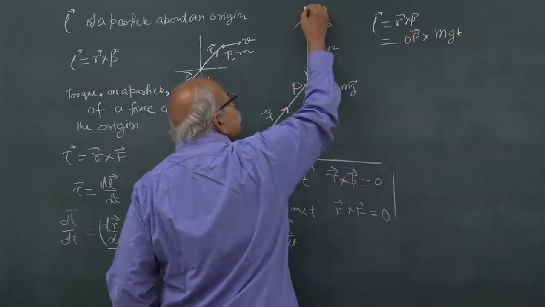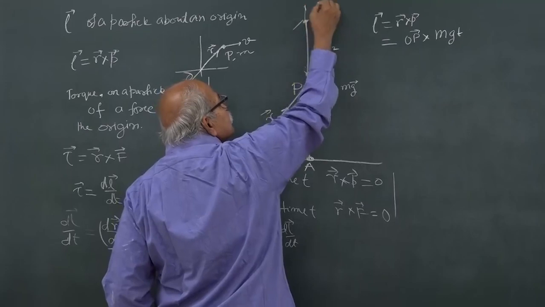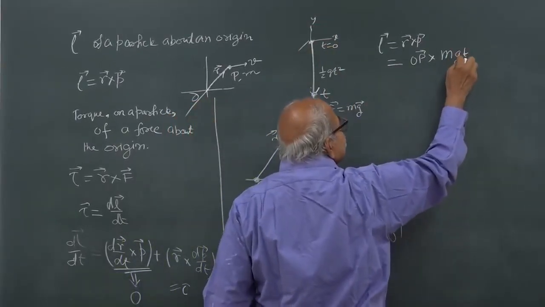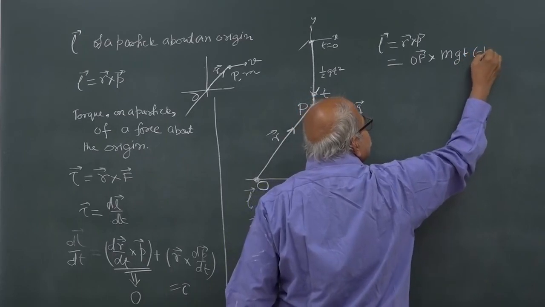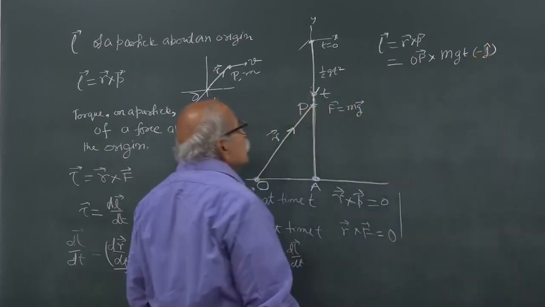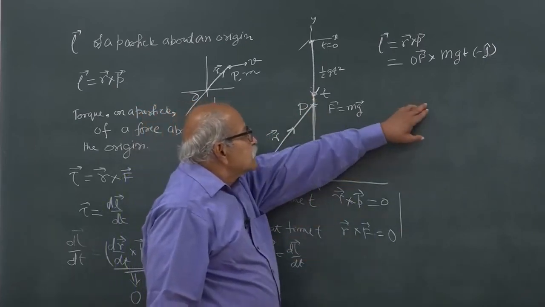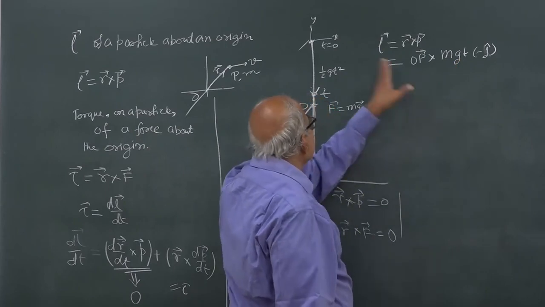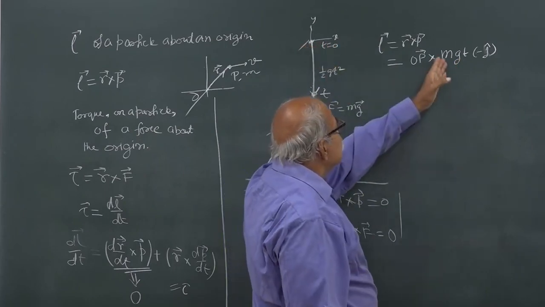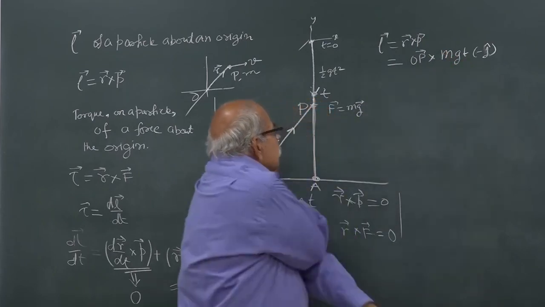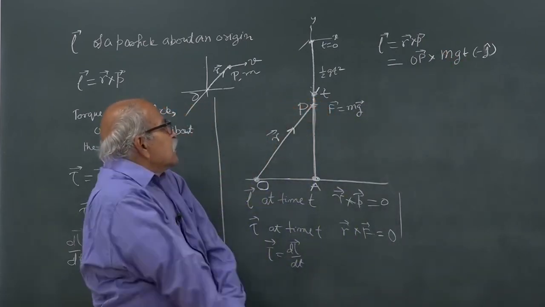If I call this, let us say, x axis, and this y axis, then velocity is g t in minus j cap direction. Velocity is v equal to u plus g t, u is 0 and therefore, it is m g t, mass times velocity, and the direction of the velocity is in minus j cap direction.